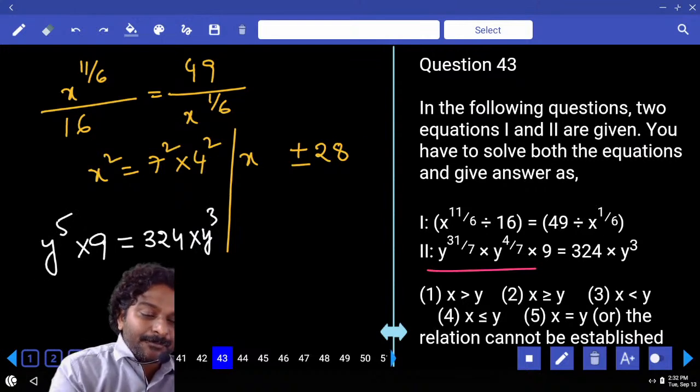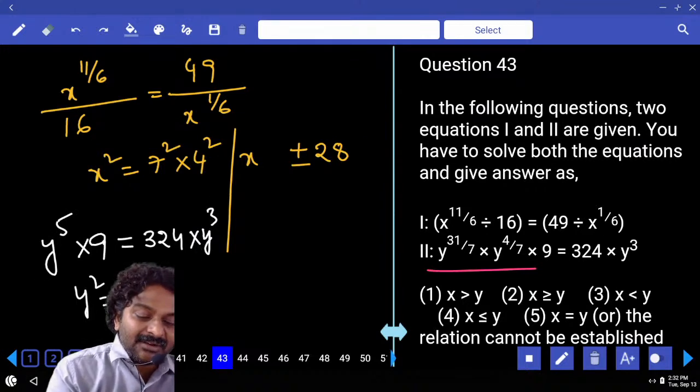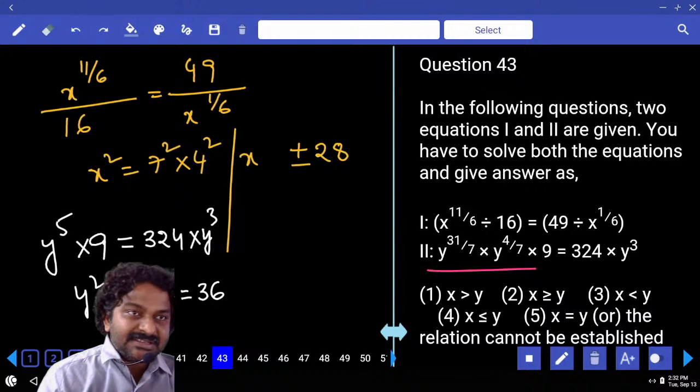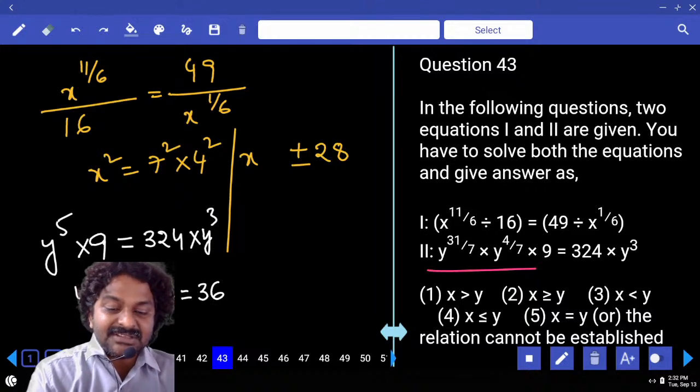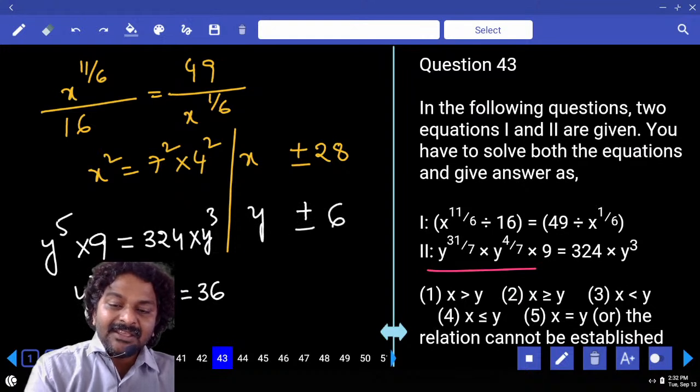How much is left? y square is equal to 324 by 9 only. How much is that? 36. y square is equal to 36, y is equal to plus or minus 6. x is positive or negative, y is positive or negative.